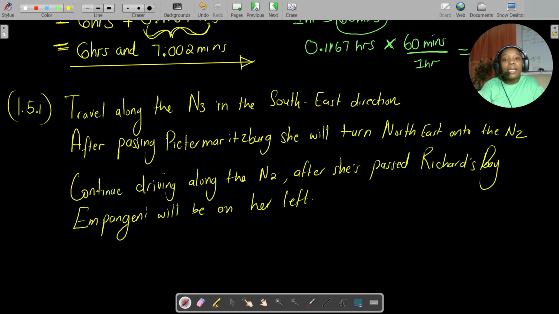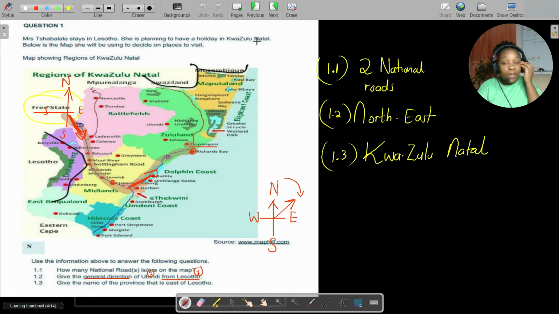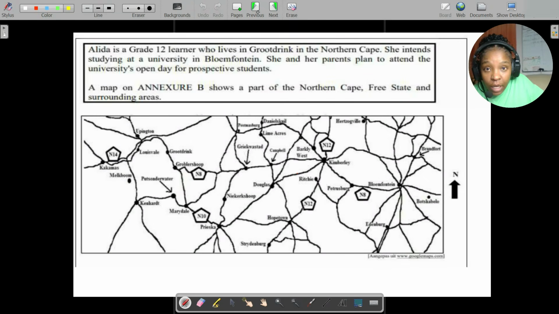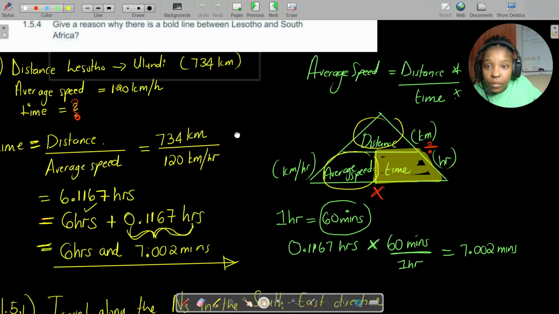So that's basically how you're supposed to give a clear set of directions. Know the difference: clear set of directions, general direction. Those are just the tips when it comes to analyzing maps. You need to know the difference between the two. Okay, so let's have a look at the next question.